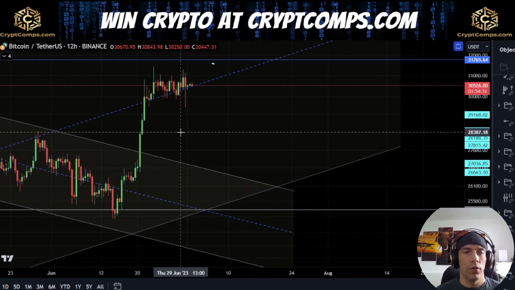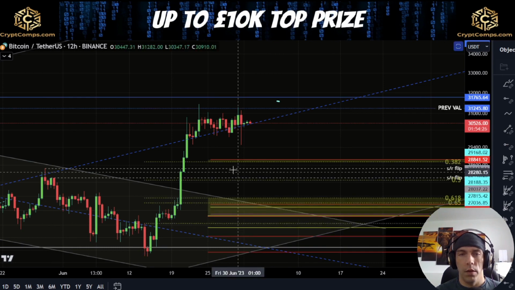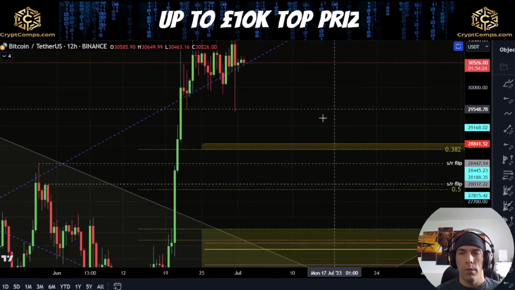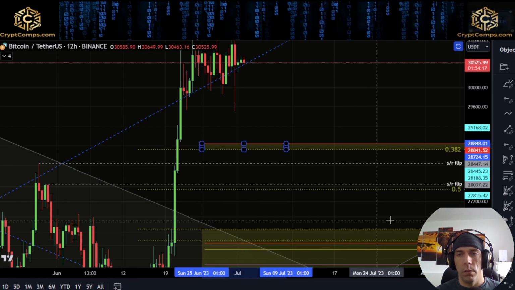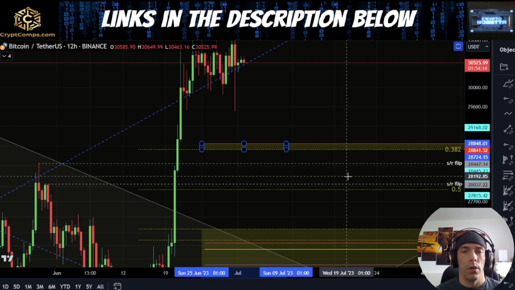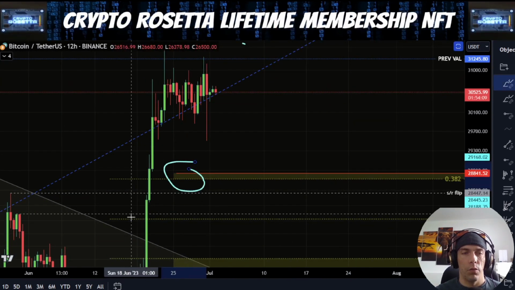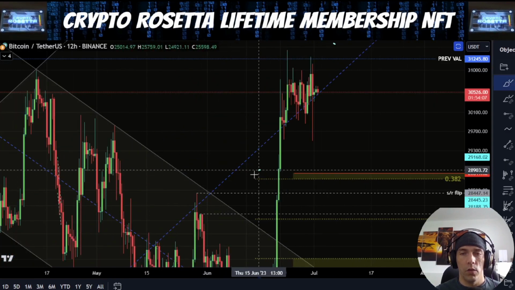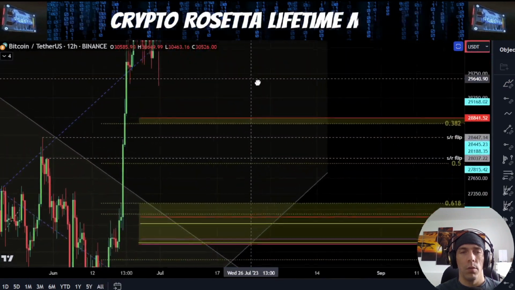Okay, so now I want to go over some of the naked points of control that we have in our vicinity. We have this little zone between this 28,848 and this 28,724 level. The interesting thing about this zone to me is that we have a daily naked point of control in here. This is also our 0.382 retracement of this entire move, so I'm going to be keeping an eye on that.